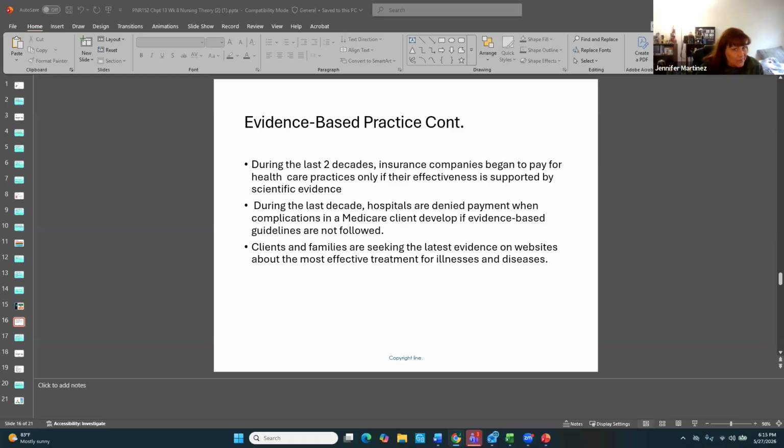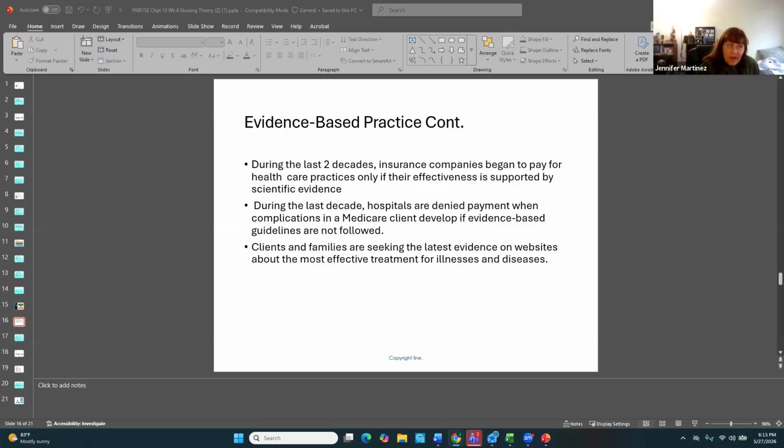They can still develop infections, they can still fall, they can still develop a pressure area. But this is where your documentation is super important, that we're documenting all of those evidence-based interventions in order to make sure that our clients are safe.